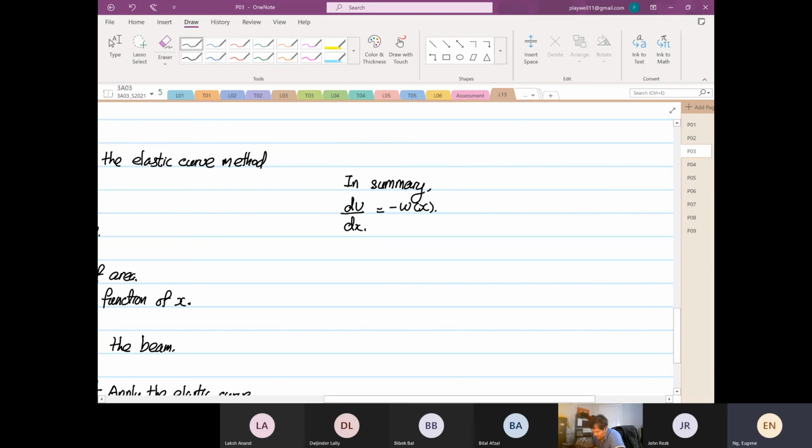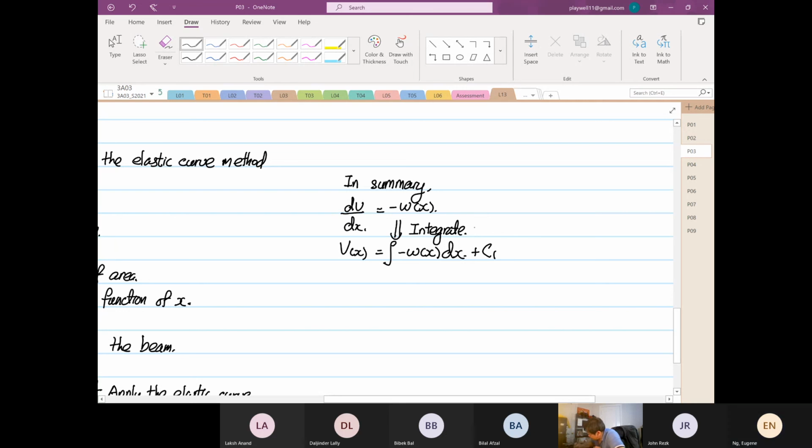Then after that, you integrate, and you have the shear force equation, so minus omega as a function of x dx, plus C1, because now there are no limits.